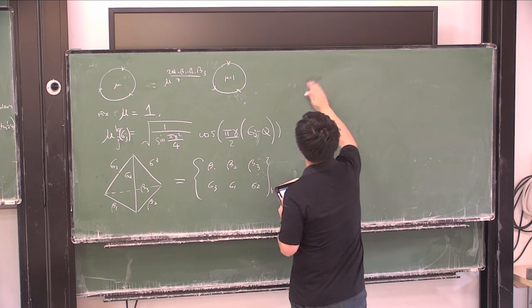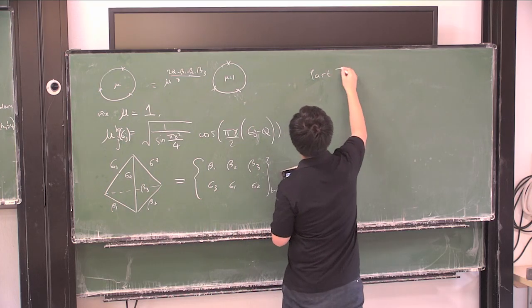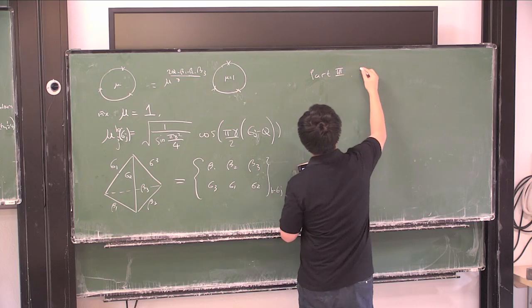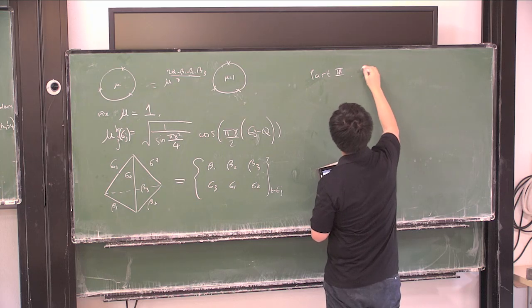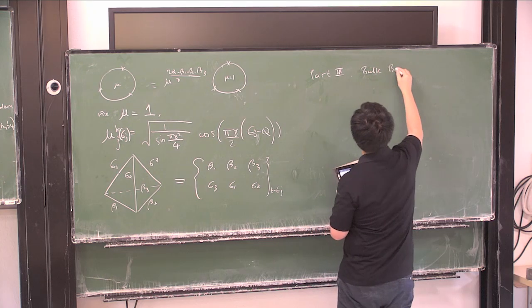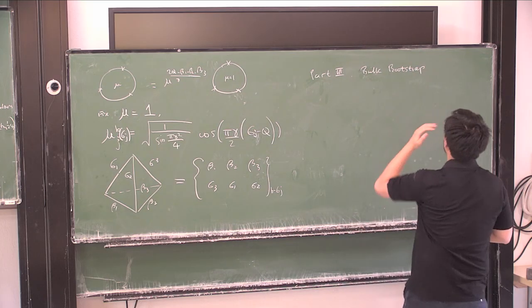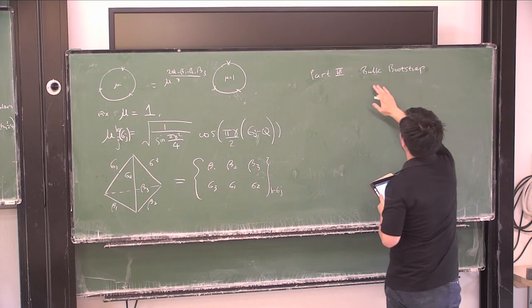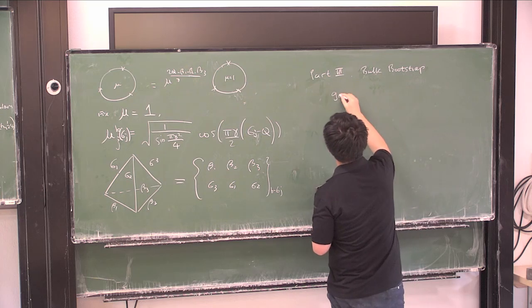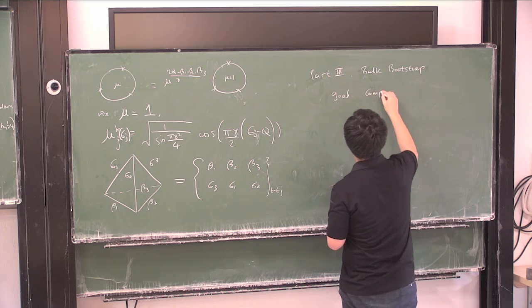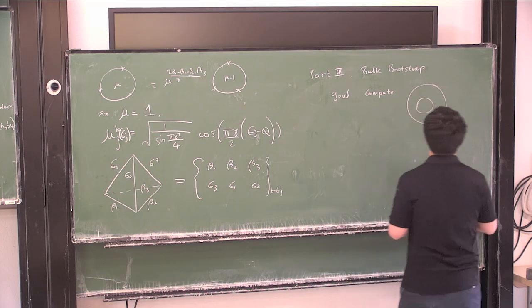No, I go to part 3. Part 3 is the bulk bootstrap. Here I will explain how to compute, the goal is to compute, here I have an annulus.